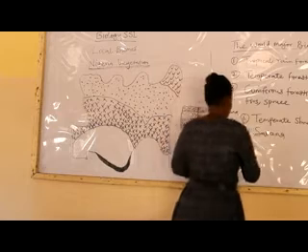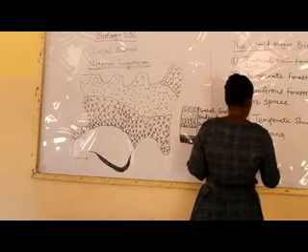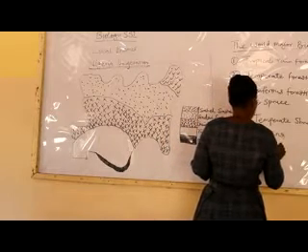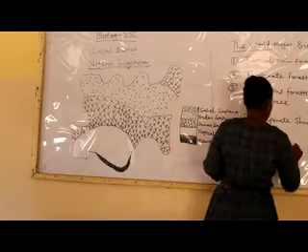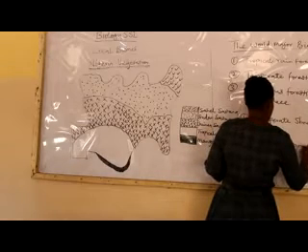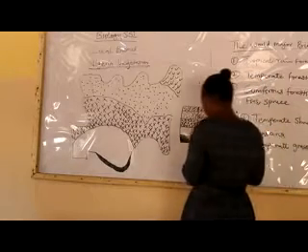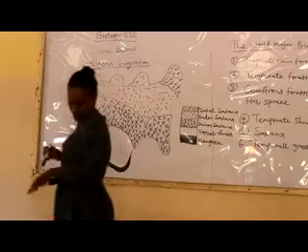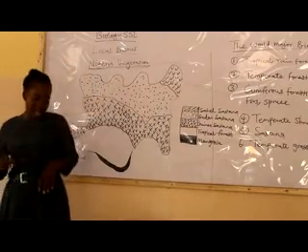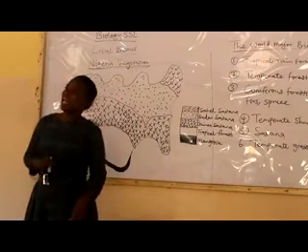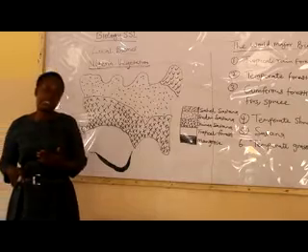Temperate grassland. Characteristics: we have large stretches of perennial grasses. You know what perennial is?